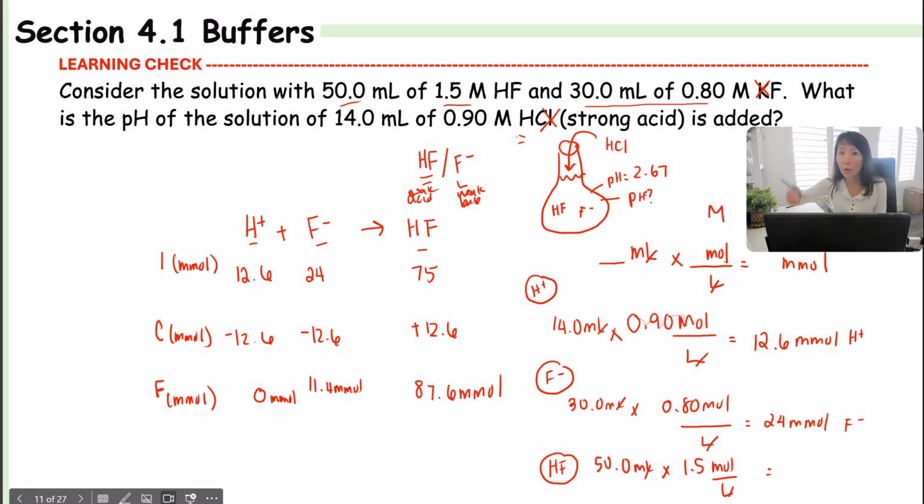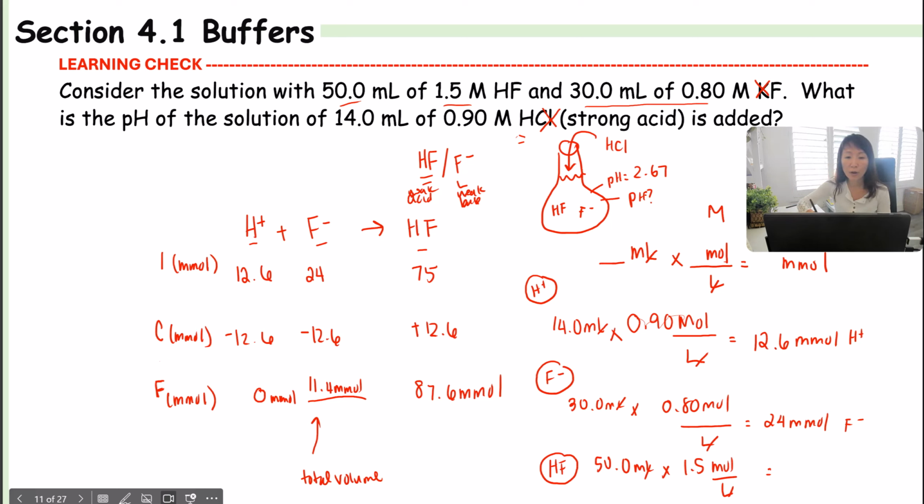molarity. So we're going to go back and calculate the molarity of all of this. Well, we know that molarity is moles over some kind of liter. But what liter am I going to use? Well, underneath here, you're going to utilize the total volume present in this entire system.